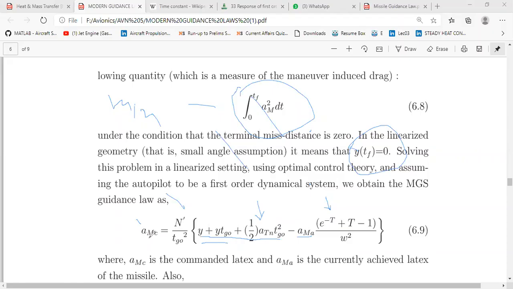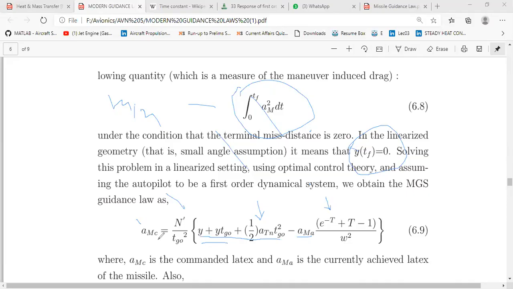So here this is currently what is your available acceleration of the missile, and what is the required acceleration of the missile. So you need to subtract the current acceleration, multiplied with the term to consider the time delay of your autopilot system. So that will give you the required latex signal for the given condition.